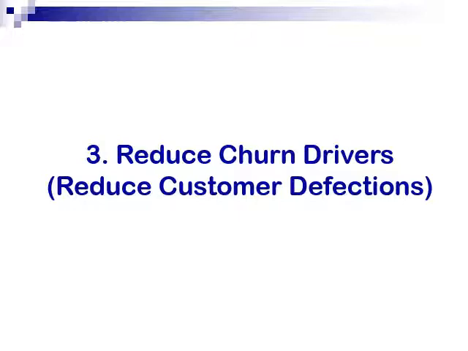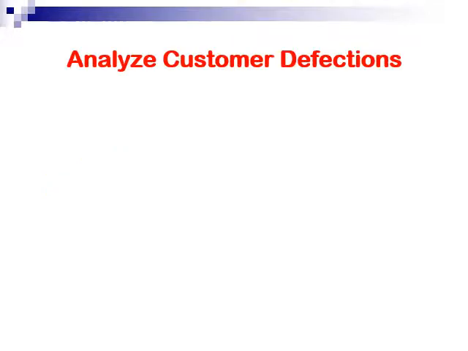The last step is reducing churn drivers. In other words, reducing customer defection. In order to reduce customer defection, first, you have to analyze why they are leaving, why they want to switch.